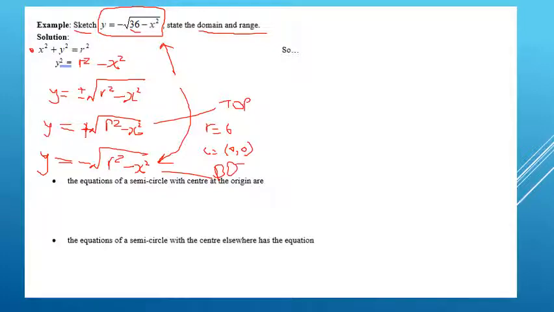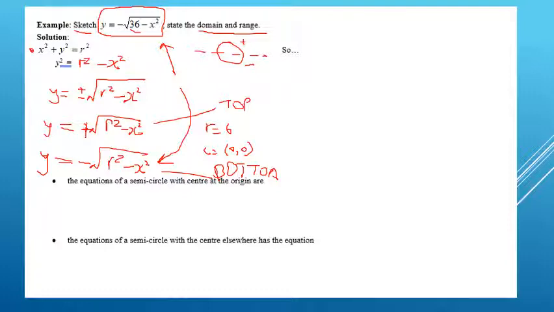So we best explain that again. Here's our circle. We can split it in half horizontally, and the positive square root is up here, and the negative square root is down here. So positive semicircle, negative semicircle.